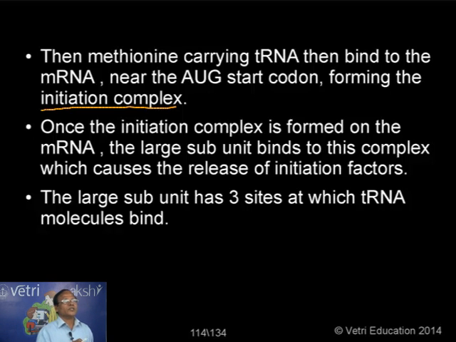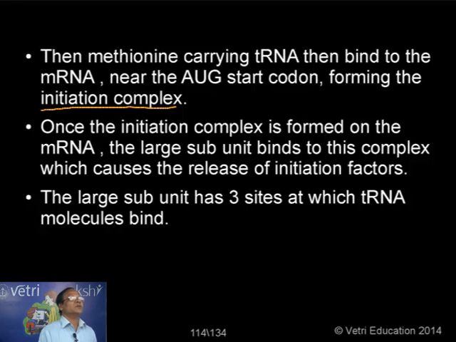Once the initiation complex is formed on the surface of the mRNA, the large subunit joins with it. Immediately the initiation complex causes the release of initiation factors F1, F2, F3. There is no need for them once again. They are responsible only for the initiation of protein synthesis or translation.